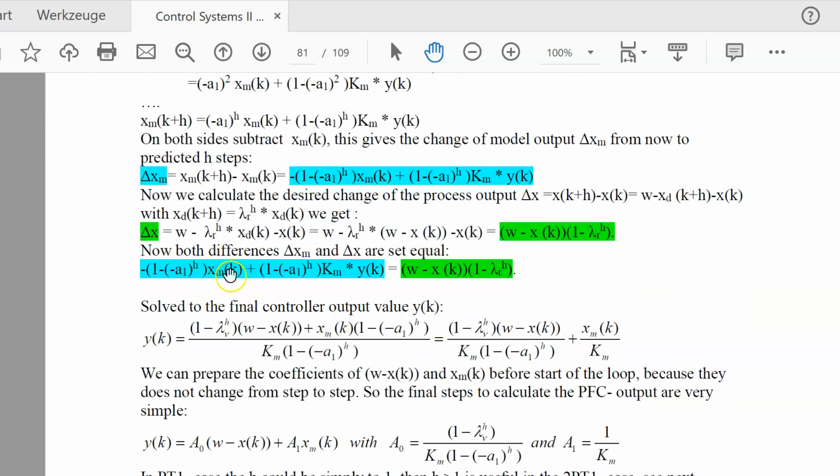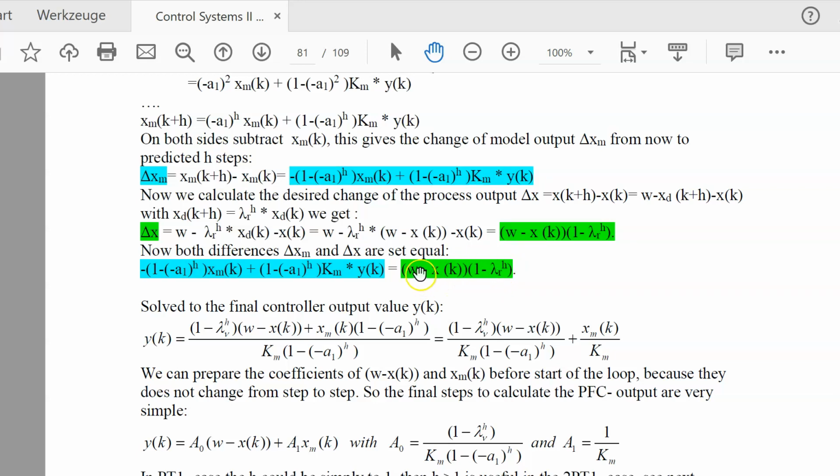I have here the model output. I have here the unknown controller output for one step. Process parameter, prediction horizon, process parameter, desired value, measured process output, and 1 minus lambda, so this user value.